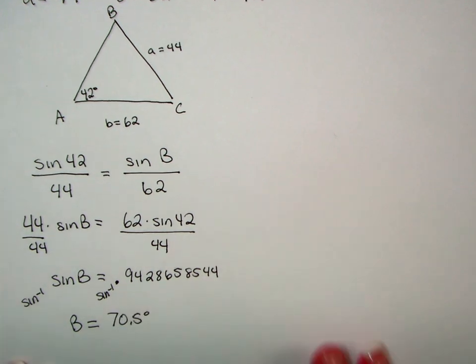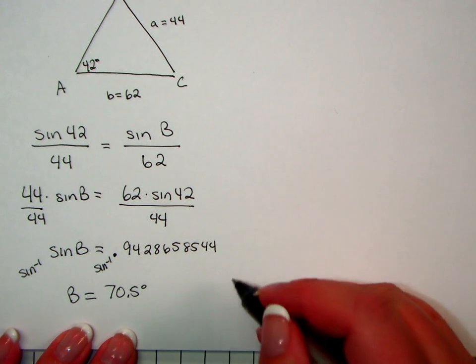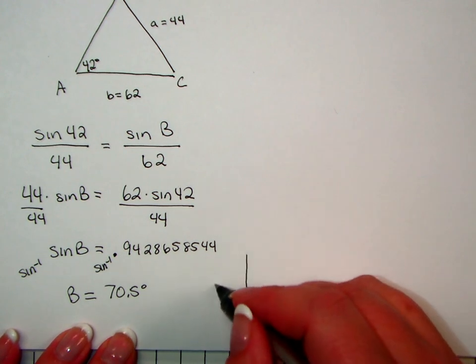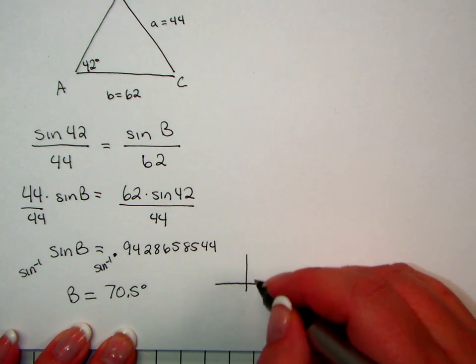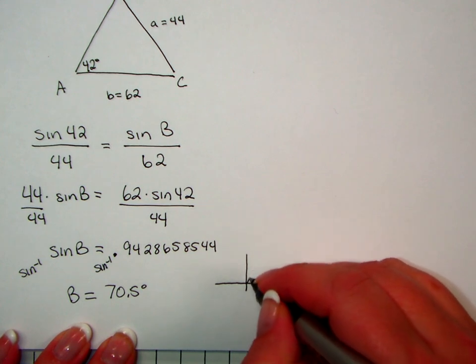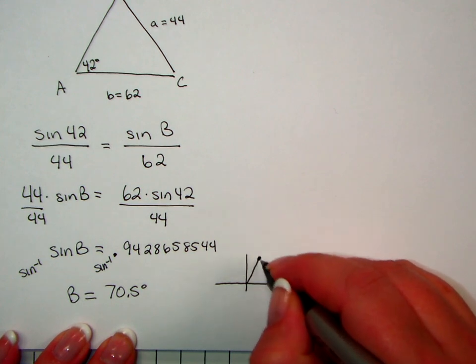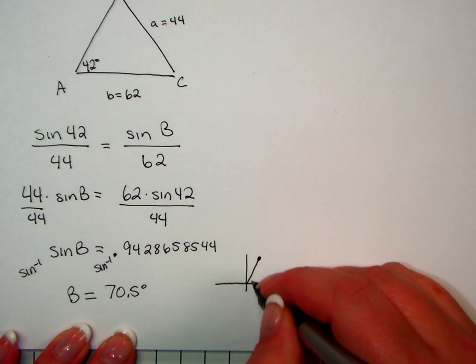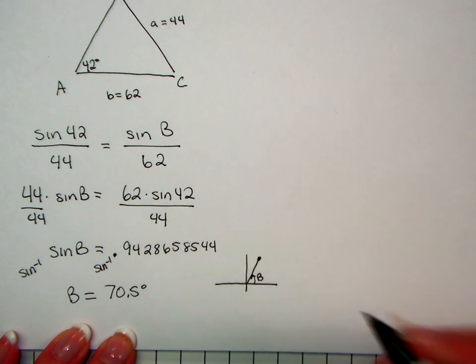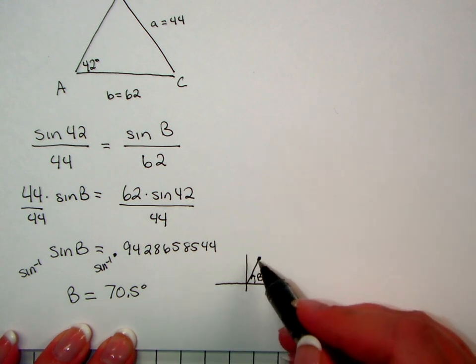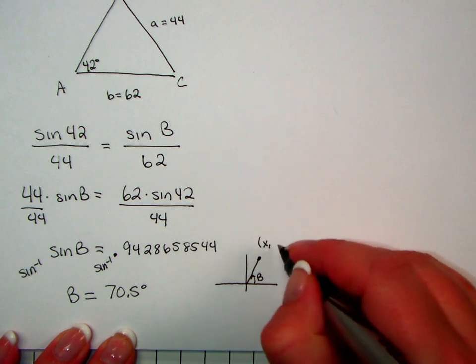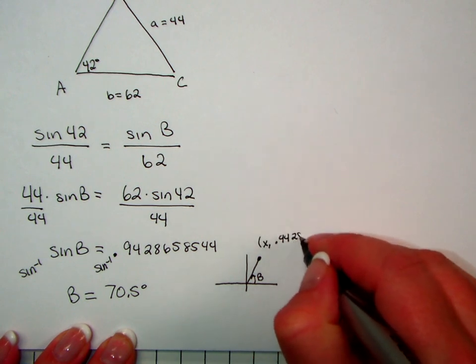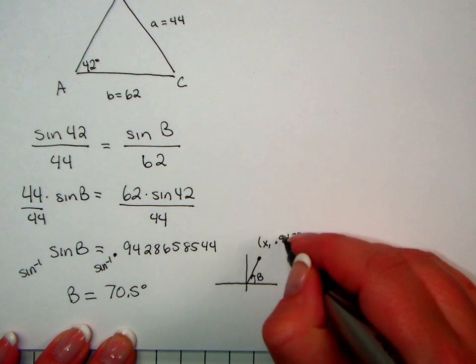All right, now because we use sine inverse, let me just show you. 70.5 is about here. Okay, so here's angle B. And this angle B has a sine value of 0.94. So that means I don't know what the x is, but I know the y is 0.9428, and so on. Right?